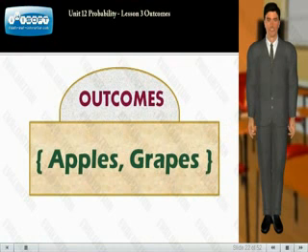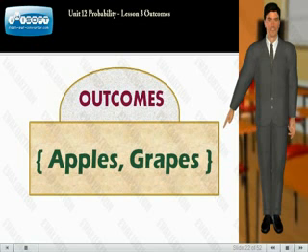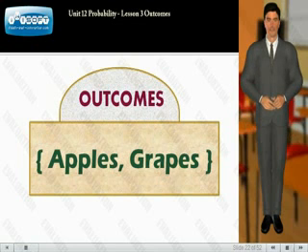Now I need to do the outcomes. The outcome is what is likely to occur or what is likely possible. If I toss the picture disc, what can occur is apples or grapes. If you noticed, I placed them in braces in list form.